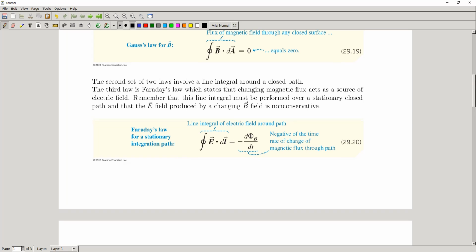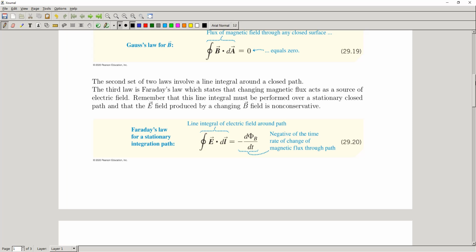The second set of two laws here involves a line integral around a closed path. The third law is Faraday's law, which we talked about a little while ago, which states that a changing magnetic flux acts as a source of electric field. This line integral has to be performed over a stationary closed path.